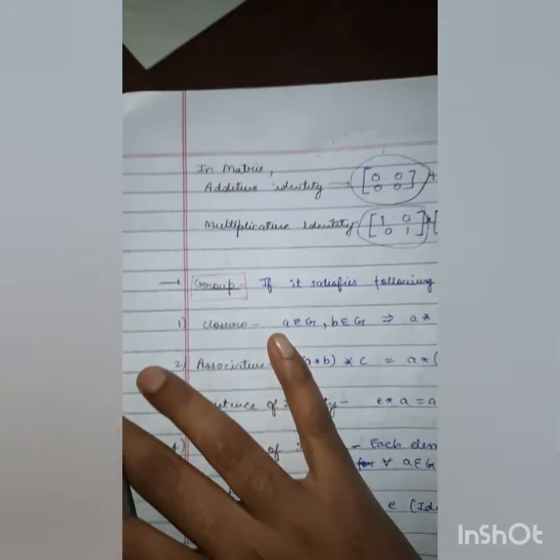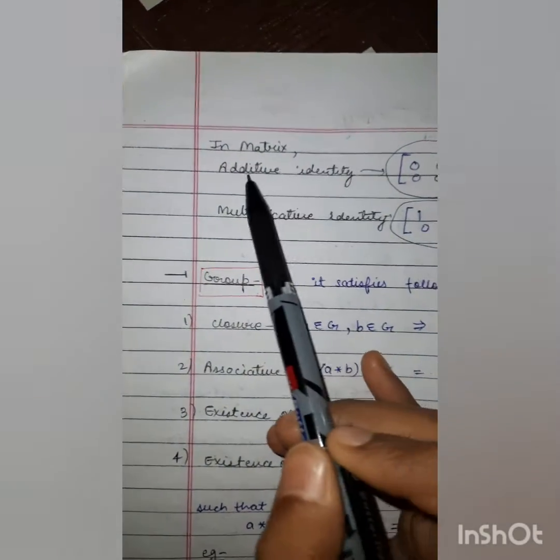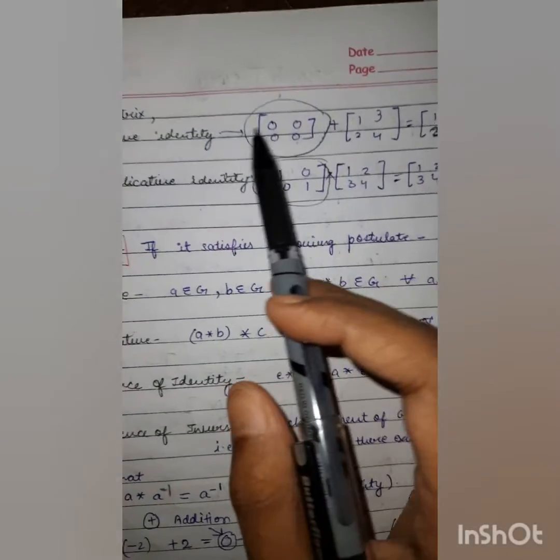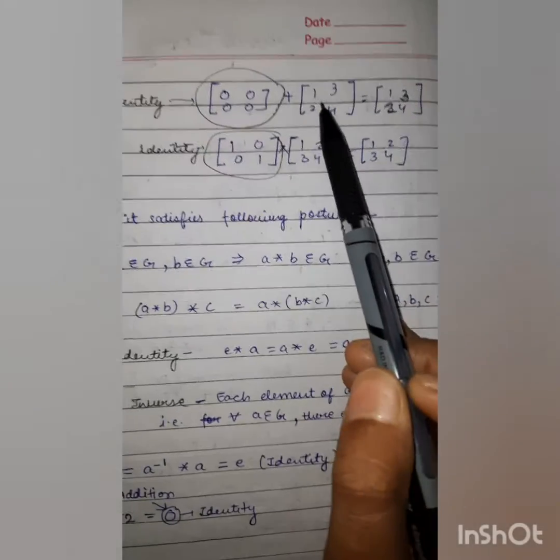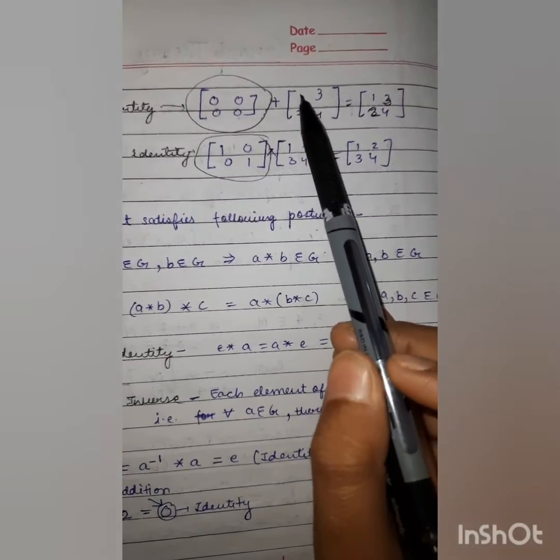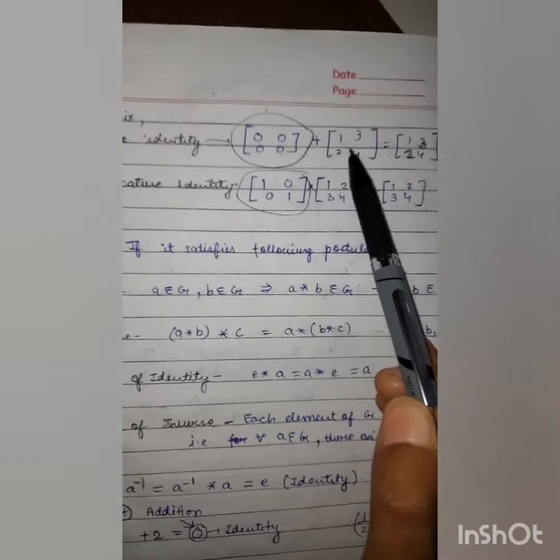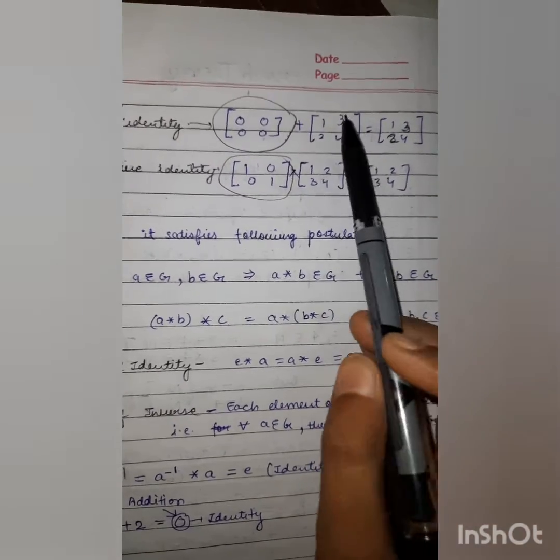Now let us understand the additive identity again with the help of matrices. Suppose there is a 2 cross 2 matrix, and the elements are 1, 2, 3 and 4.